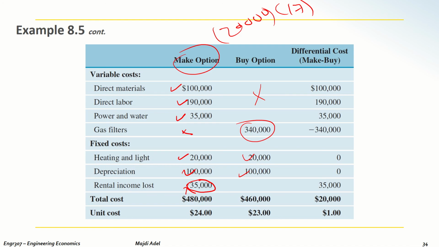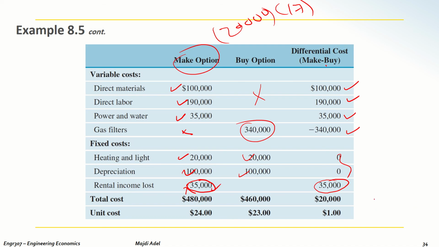Okay, so making a differential analysis, the make option minus the buy option, 190 minus 340, no change in fixed cost, so 35, which is the cost of lost opportunity.